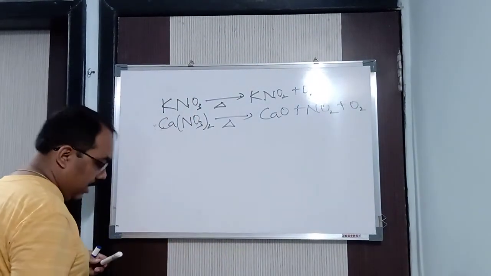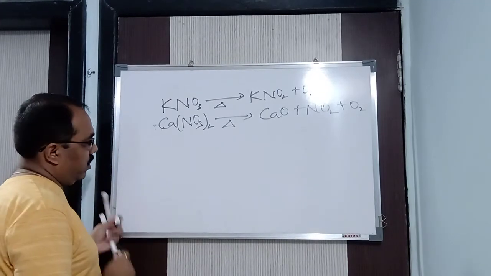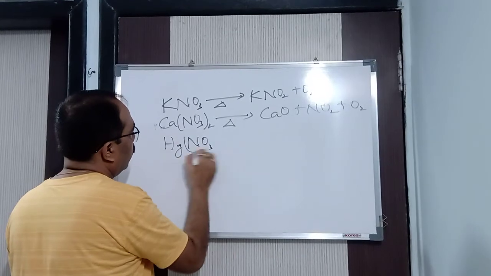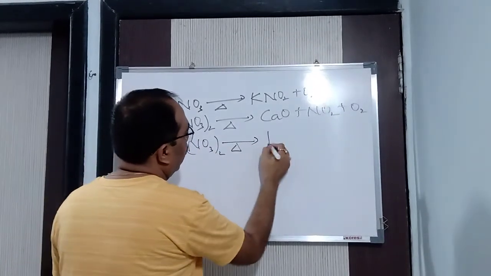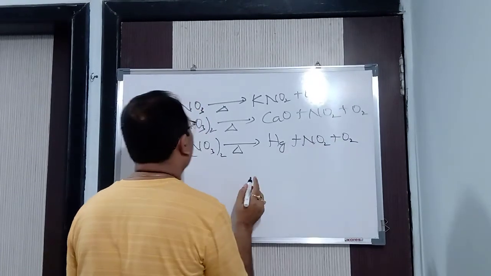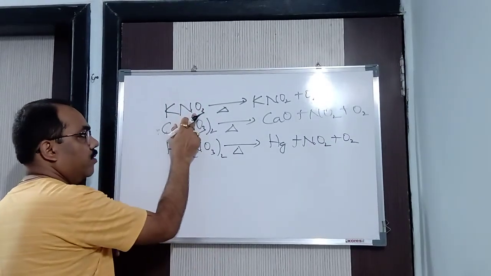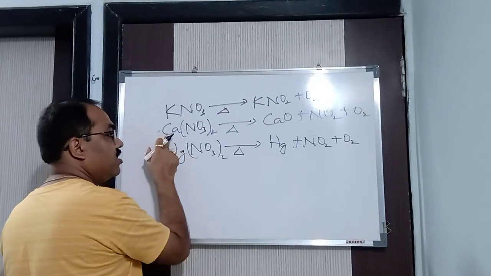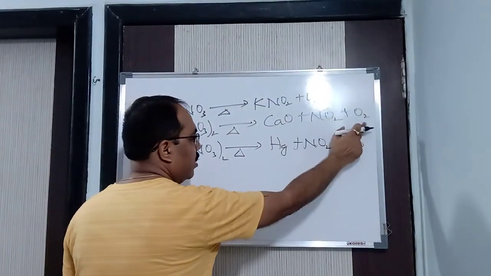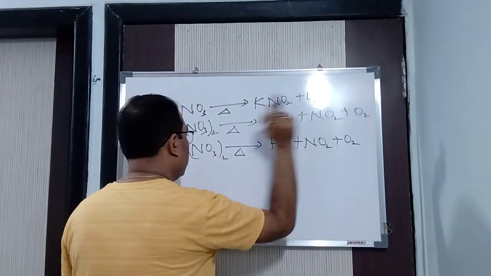Now if I take mercury and silver nitrate, like Hg(NO3)2 or silver nitrate, on heating it will give metal plus nitrogen dioxide plus oxygen. To recap: potassium and sodium nitrate give nitrite and oxygen. Calcium to copper nitrates on heating give oxide, nitrogen dioxide and oxygen, like calcium oxide, nitrogen dioxide and oxygen.